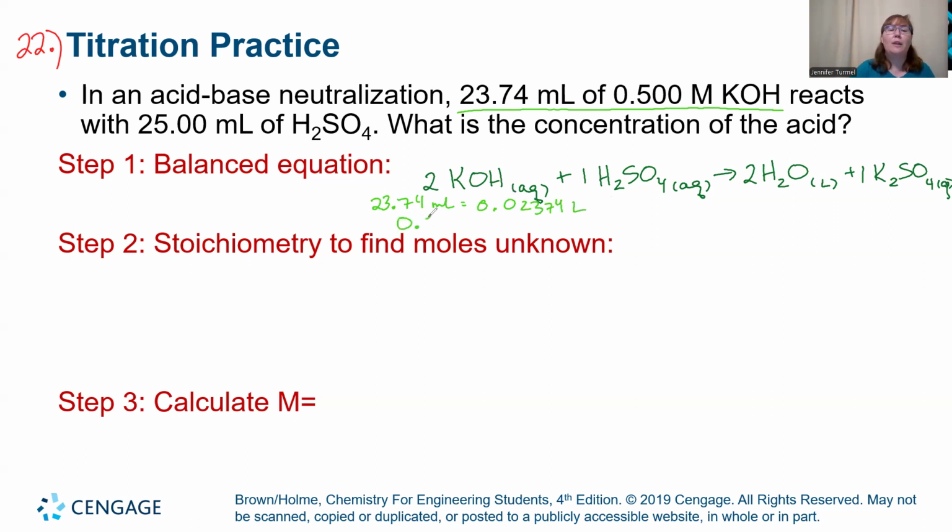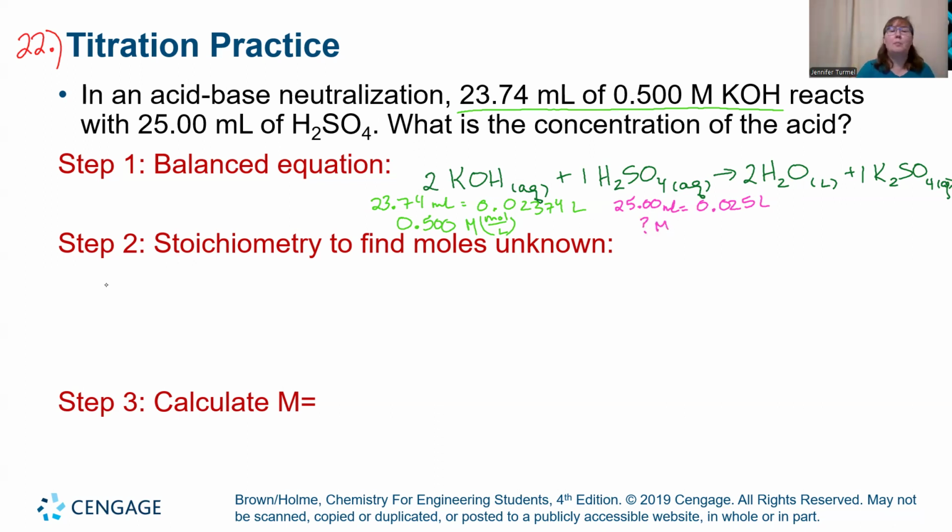And we have 0.5 molar or moles per liter. Now over on the other side, we have our H2SO4 and we have 25 milliliters of our H2SO4, which converts to 0.025 liters. And we're looking for the concentration.